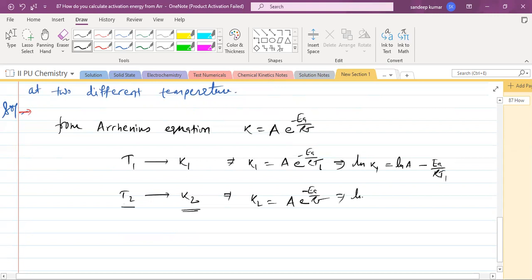Similarly, from this we can write ln K2 is equal to ln A minus EA upon RT2, right? What I did is take the natural log on the LHS and RHS.